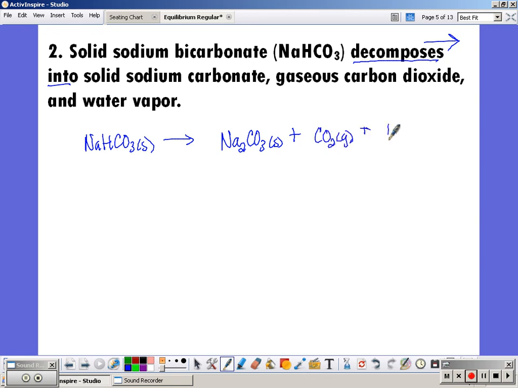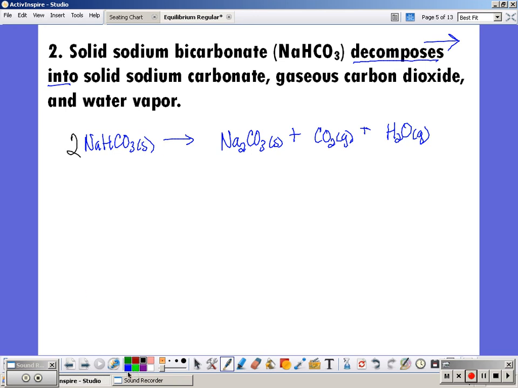So that would mean water is also a gas. To balance it, I have 1 sodium, 2 sodium, so I put a 2 there. 2 carbons, and then 1 plus 1 is 2 carbons. 2 hydrogens, 2 hydrogens. 6 oxygens, 3 plus 2 plus 1 is 6, so we're balanced.